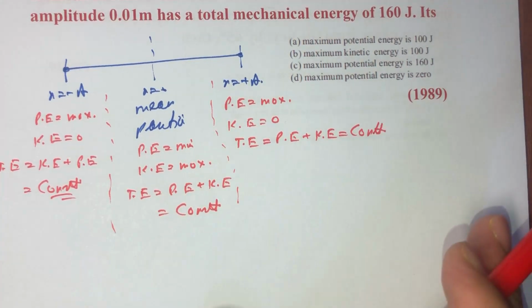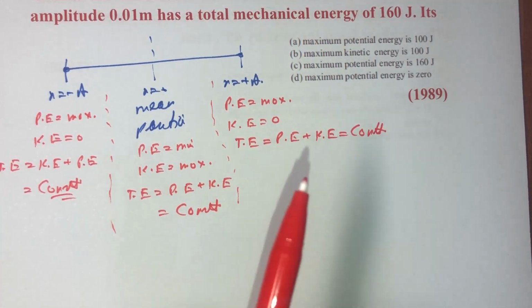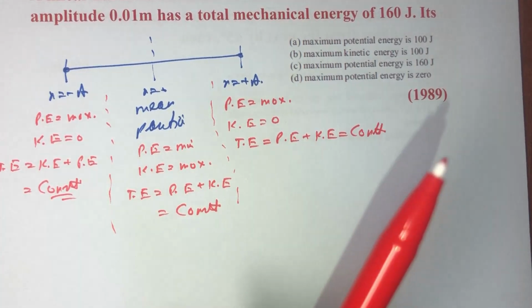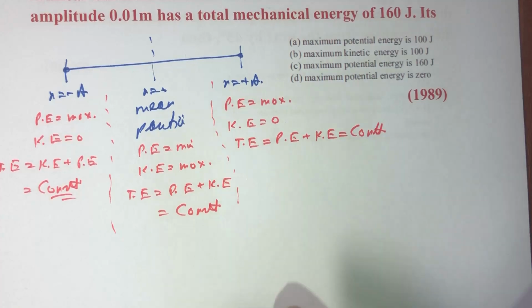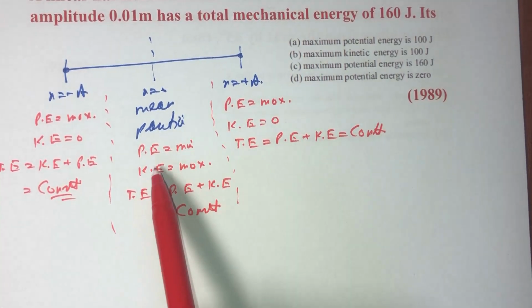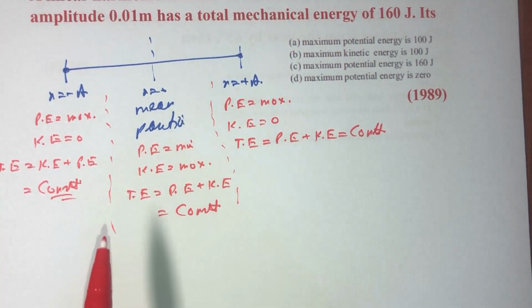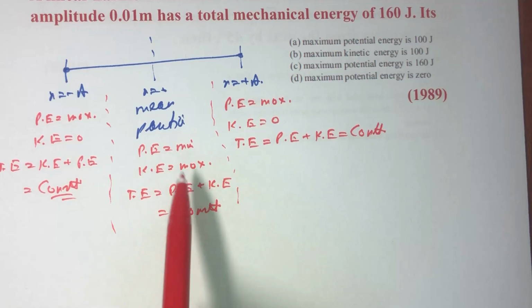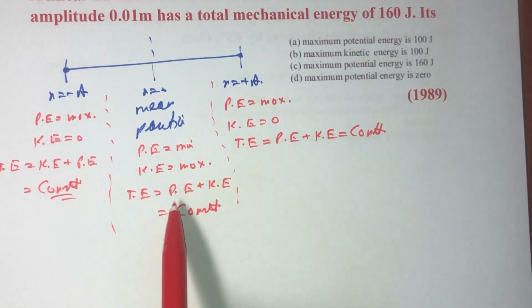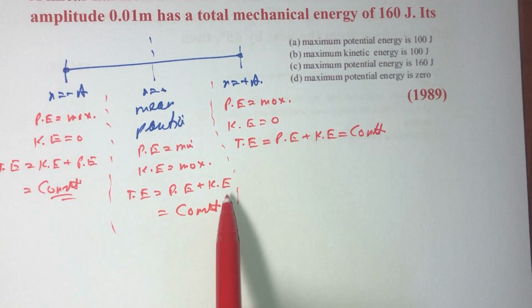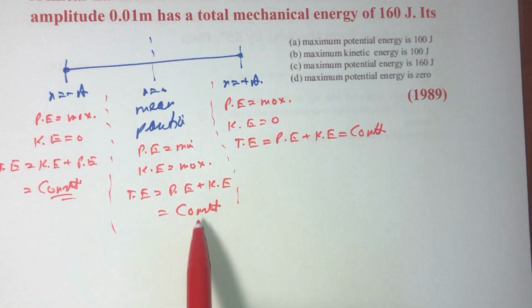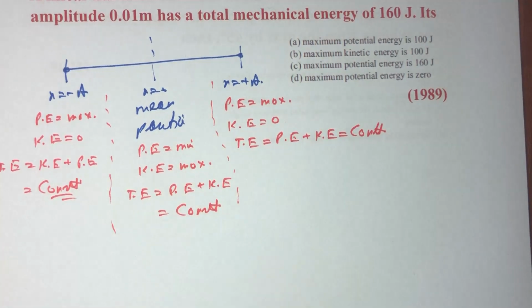This is the normal understanding during explanation and in questions. But in a practical situation it might be possible that at the mean position the potential energy becomes minimum, and no doubt the kinetic energy will be maximum. The summation of minimum potential energy and maximum kinetic energy will once again be constant.